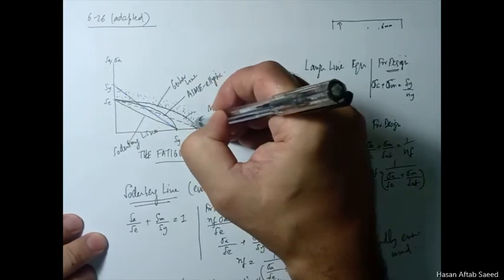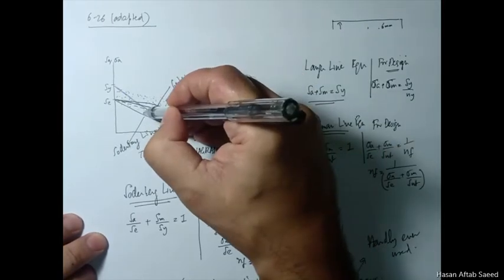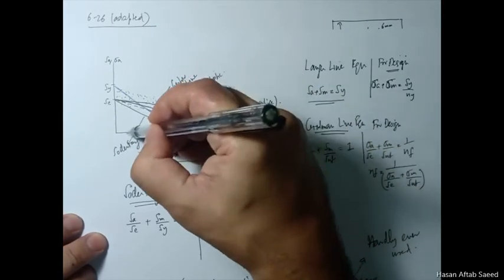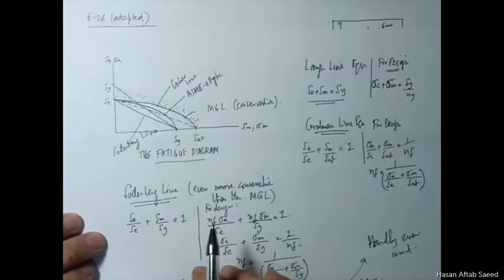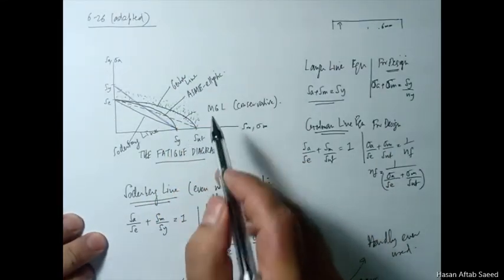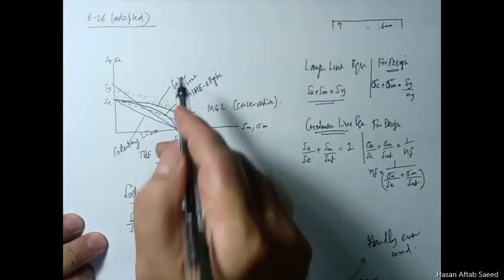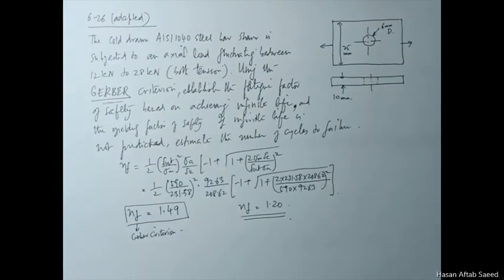This is the modified Goodman, and this is the Gerber one. So if a point, for example, lies here, then its factor of safety will be less according to the modified Goodman criterion as compared to the Gerber criterion.